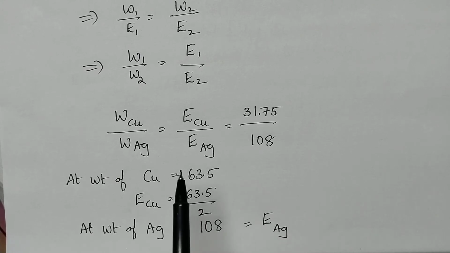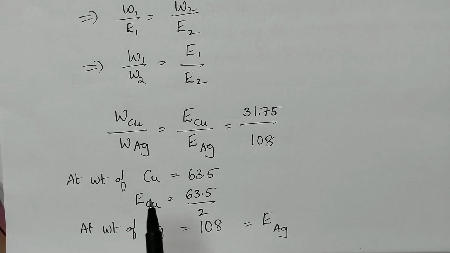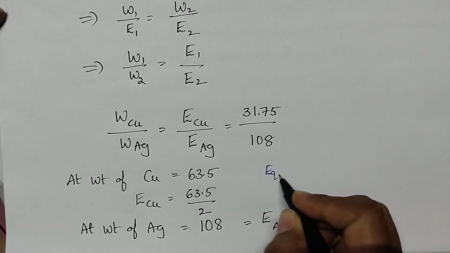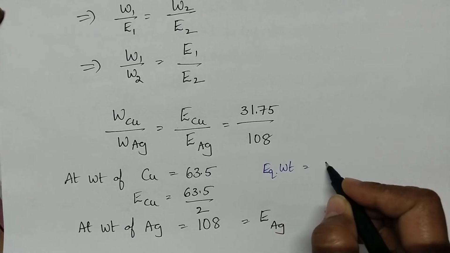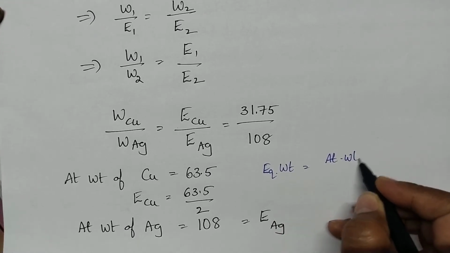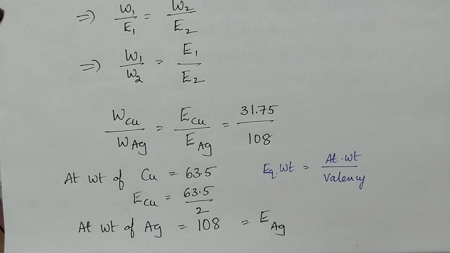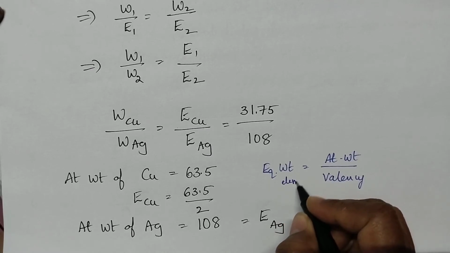In order to calculate equivalent weight, we must use an expression: equivalent weight is equal to atomic weight by valency. So what is the expression for calculating the equivalent weight of an element?